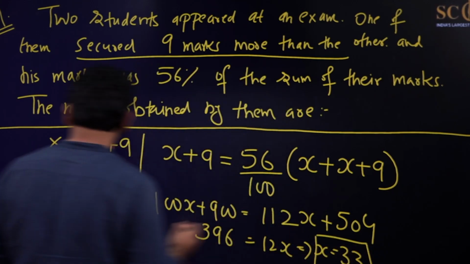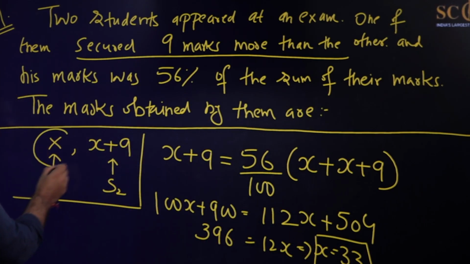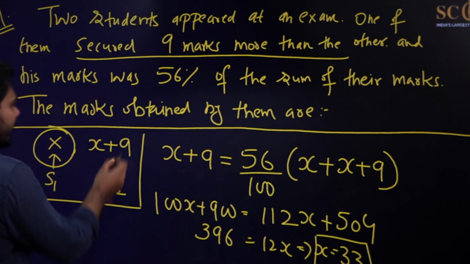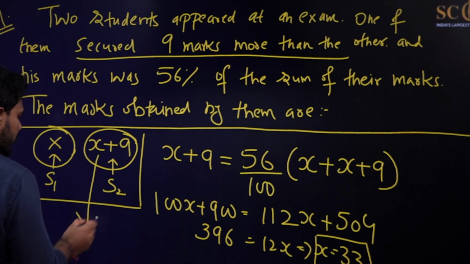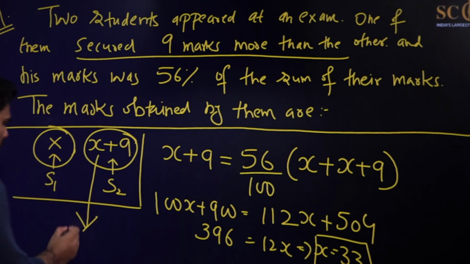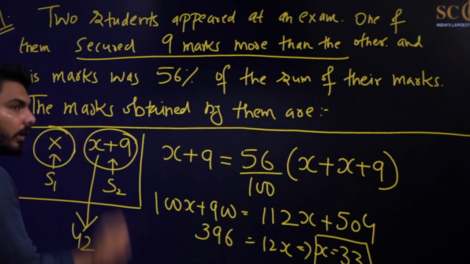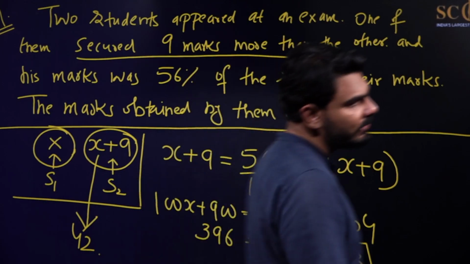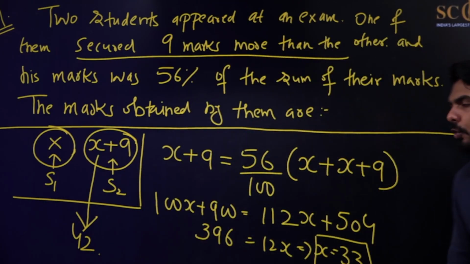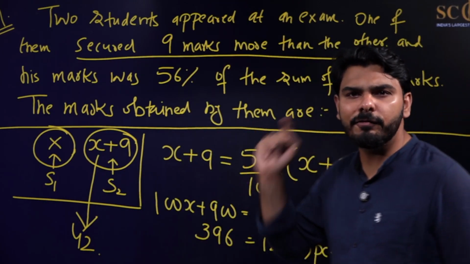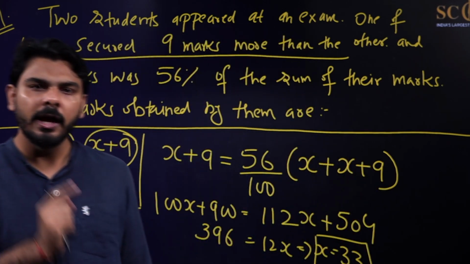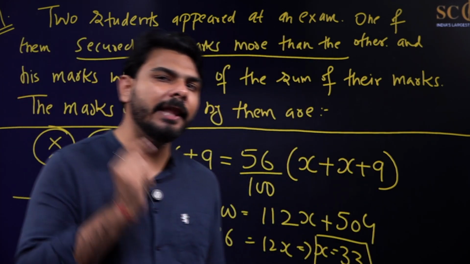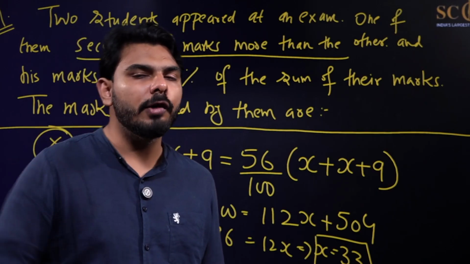It means one student is getting 33 marks and the other student is getting 33 plus 9, which is 42. So the answer is 33 and 42. If you are getting the correct answer, then you have passed mission 1. You have completed mission 1 successfully. Give yourself 1 point in the comment box. Then we will move on to our next mission.